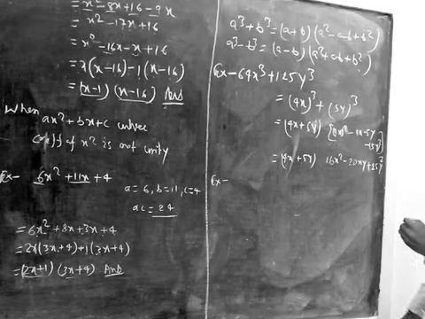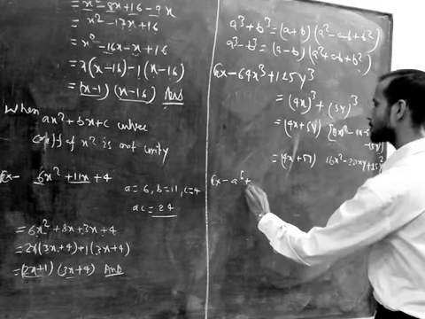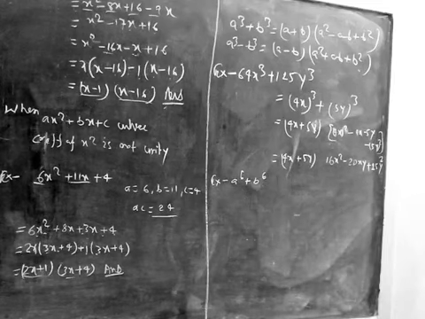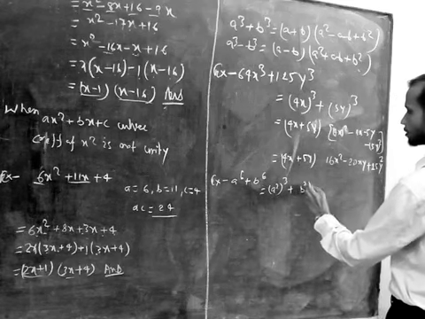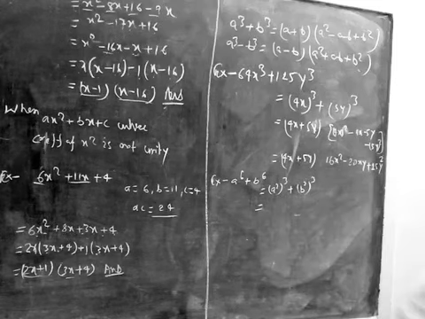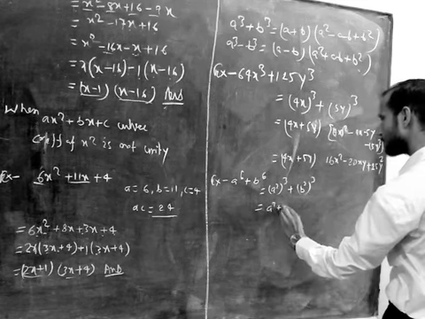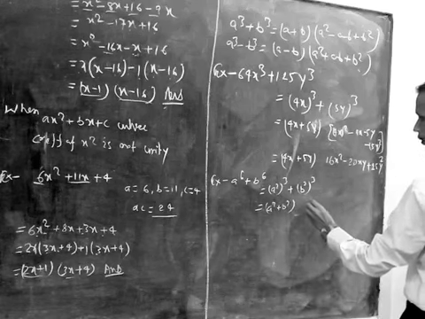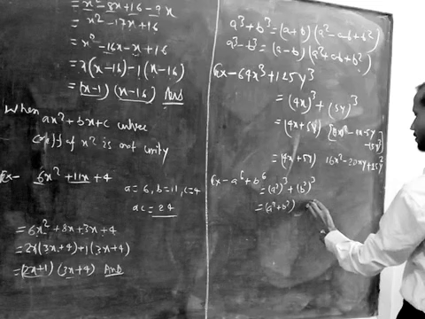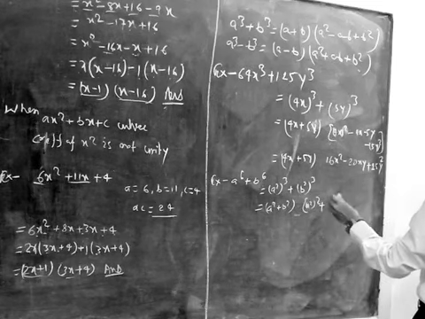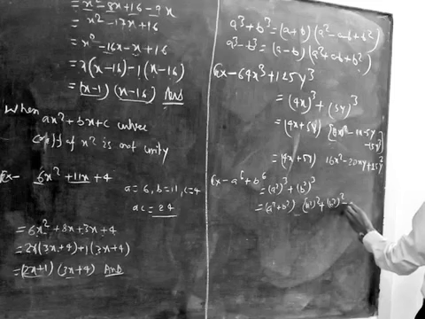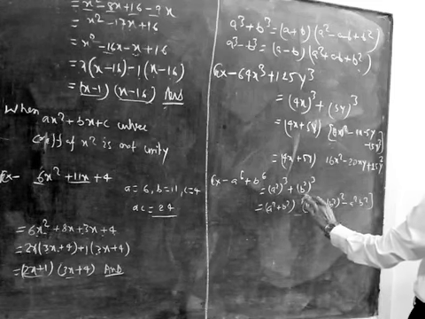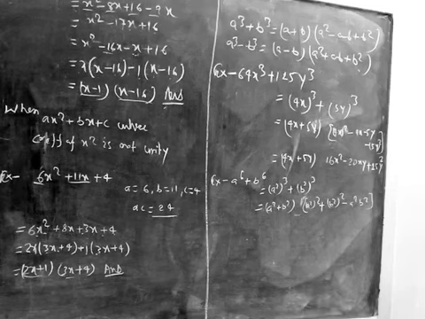And next example, a to the power 6 plus b to the power 6. It is written as (a square) cube plus (b square) cube, and is equal to a cube plus b cube form, that means (a square plus b square)((a square) square minus a square b square plus (b square) square).